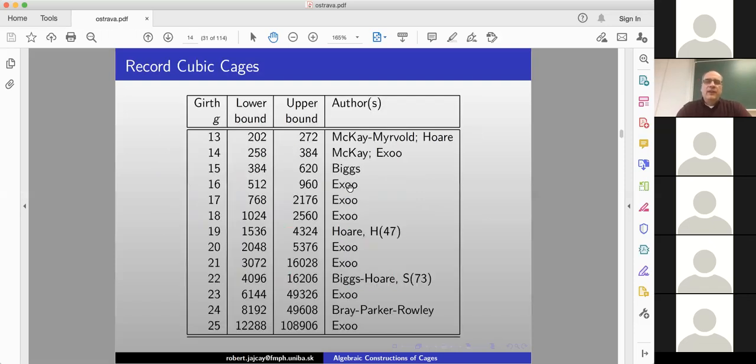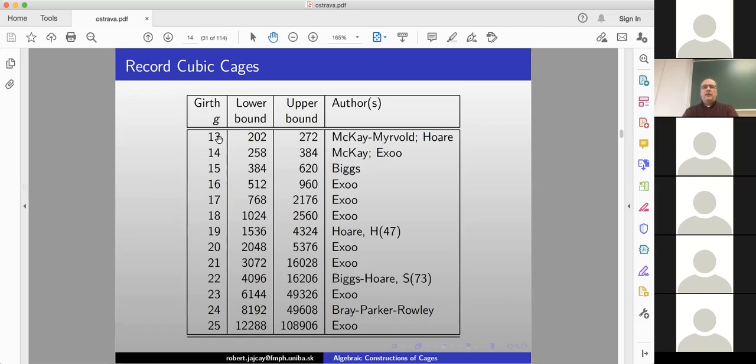Okay, so here's an example of a table for the cubic graph. So that's graphs where each vertex is of degree 3. So this is how the tables look like. I'm sort of showing it to you to inspire you about what the game is like. So for instance, 13 is the first order, girth 13, I'm sorry. So we're talking cubic graphs, girth 13.